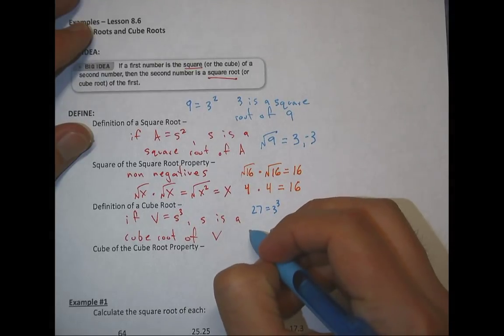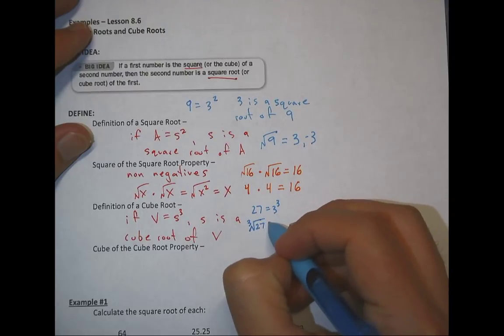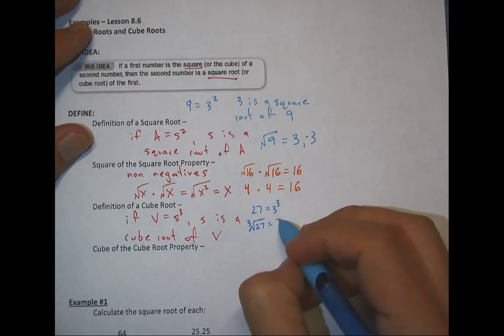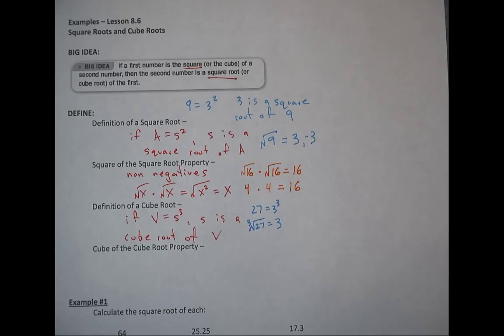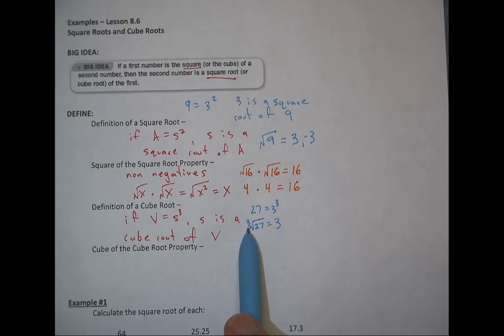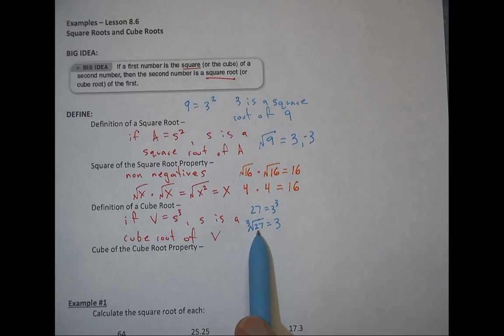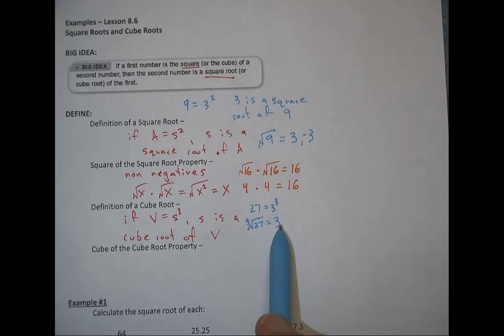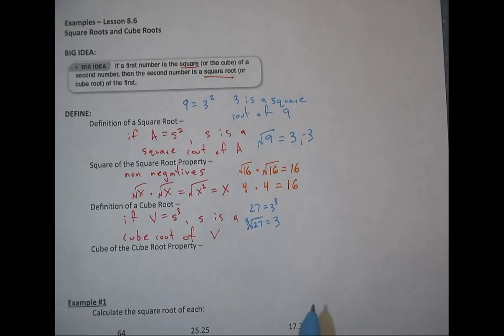So that means the cube root of 27 is 3. This looks like a square root sign, but it's got the little 3 here, and so it's called the cube root. It's what number times itself 3 times produces 27. And that'd be 3, because 3 times 3 times 3 gives you 27.